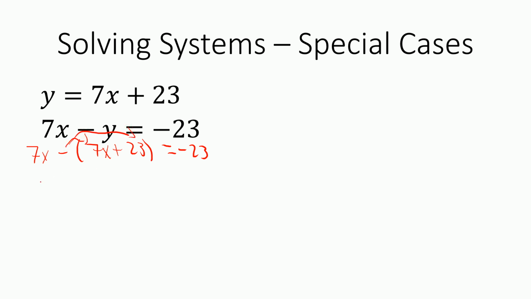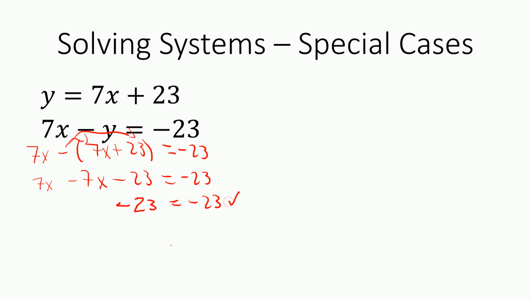It's a negative symbol, but it's like negative 1. So that makes both of those things negative. And then I combine like terms, 7x minus 7x, well that's 0, so I don't have to write it if there's another term there. So there's negative 23 equals negative 23.